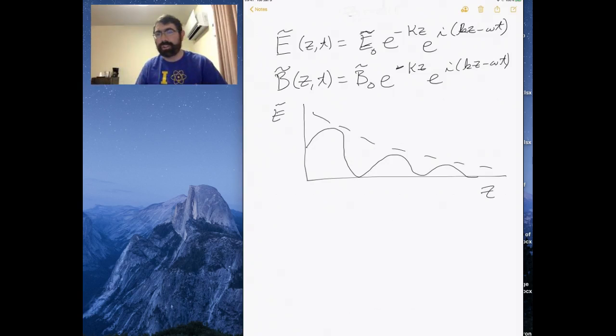There won't be a free charge anymore over a certain period of time. But then that electromagnetic wave, as it propagates through the conductor, can't get too far. It also will eventually dissipate into the conductor.